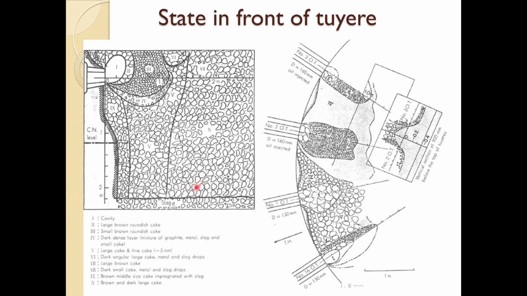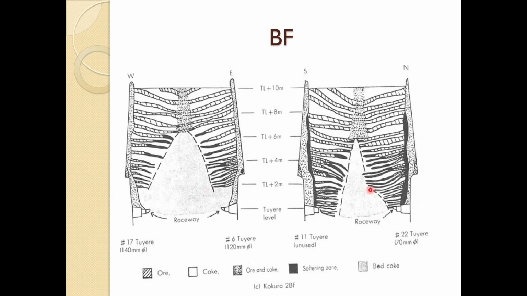If you look at the figure, we have a raceway. And then we have a coke conical shape which is just sitting over there, extending up to the hearth, and that is called the dead man because it does not take part as such in any chemical reaction or other thing.